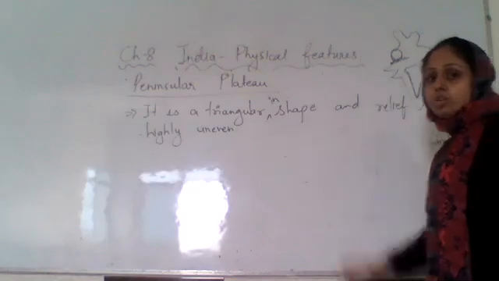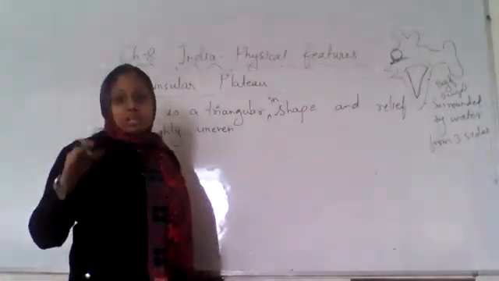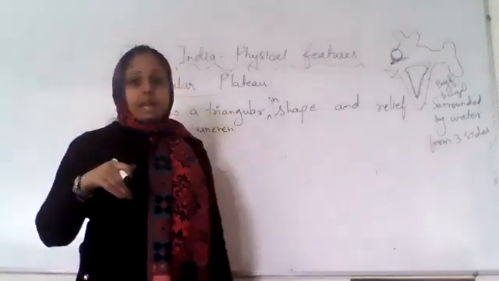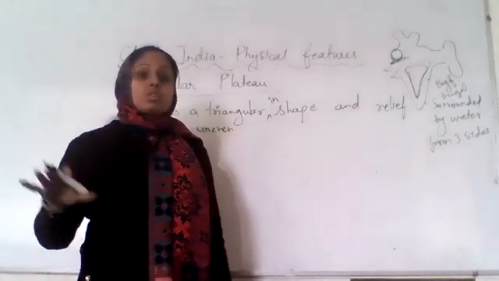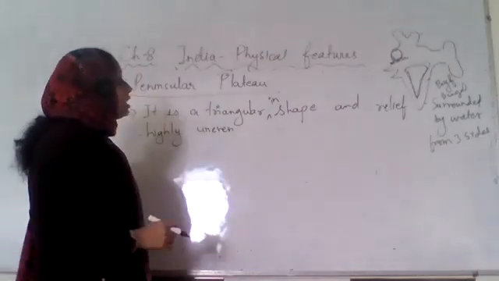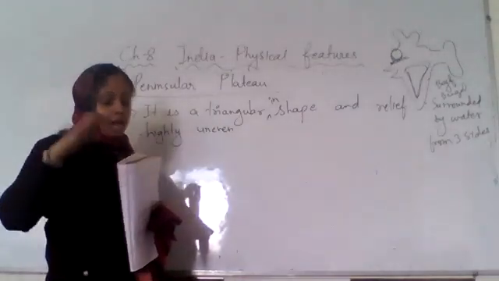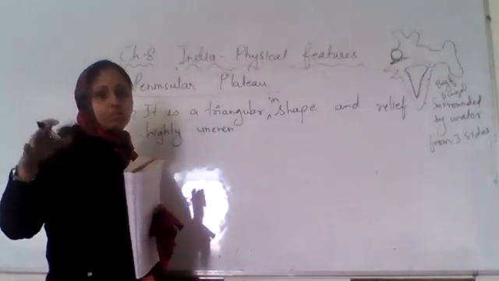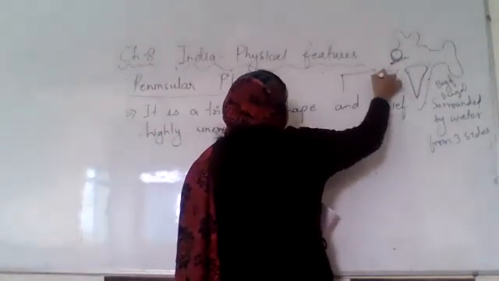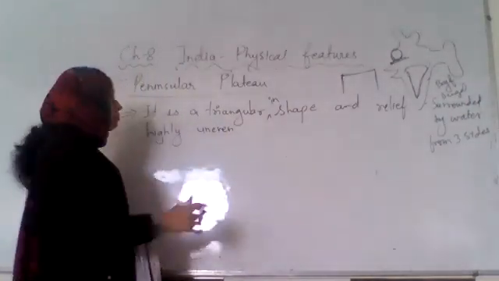This side you have Arabian Sea. So like this, our country is surrounded by three different oceans and seas from the three sides. And that is why it is called peninsula. Understood? So it is triangular in shape, like you can see, and the relief is highly uneven. Why it is uneven? Because it is a plateau. As you know, plateau is a tableland. So obviously it will be uneven, not plain.